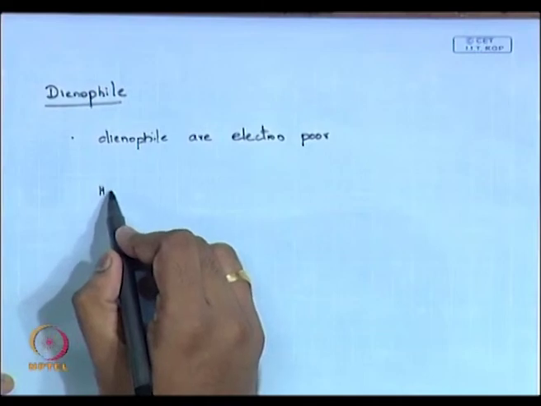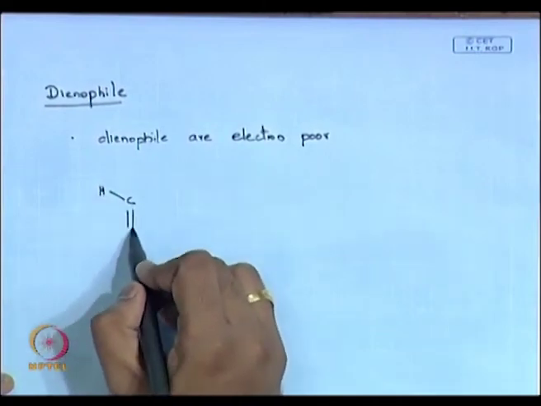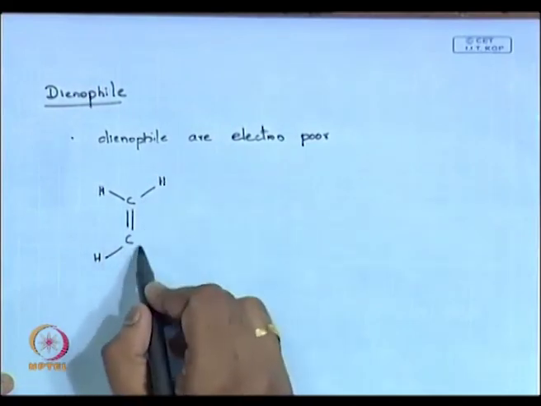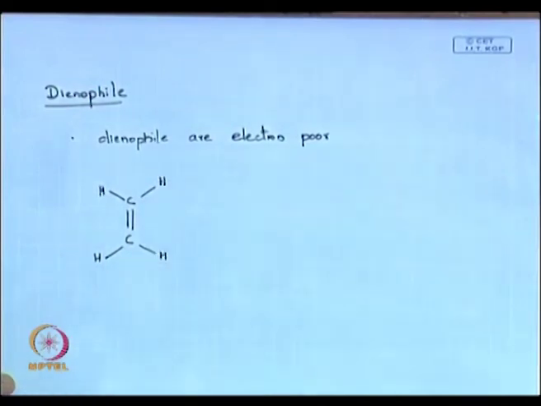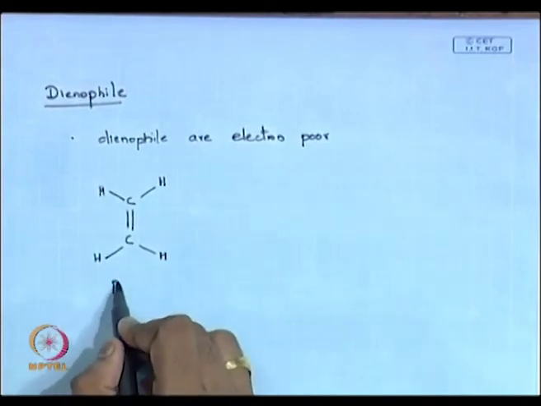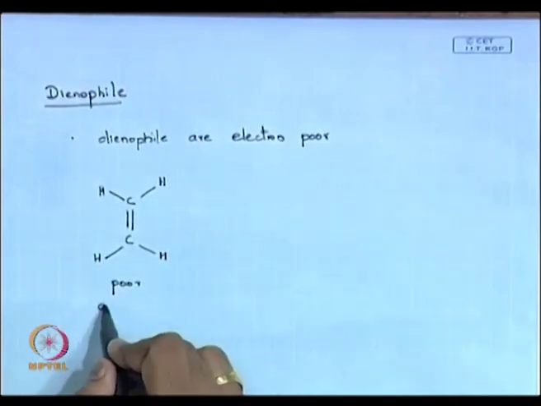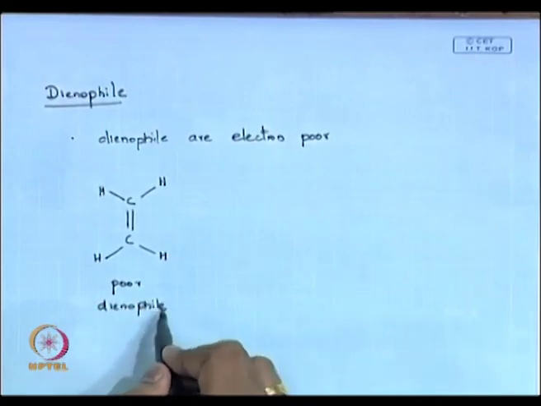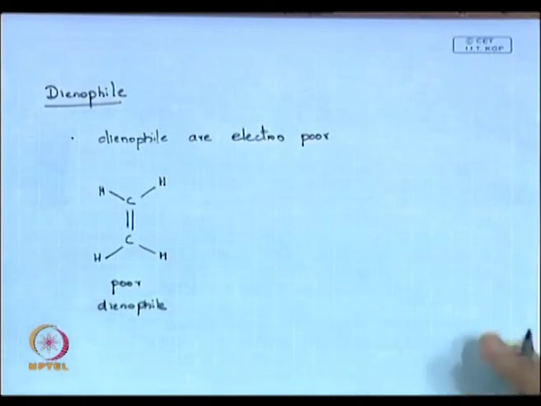For example, if you take a simple alkene, this is sort of a poor dienophile.